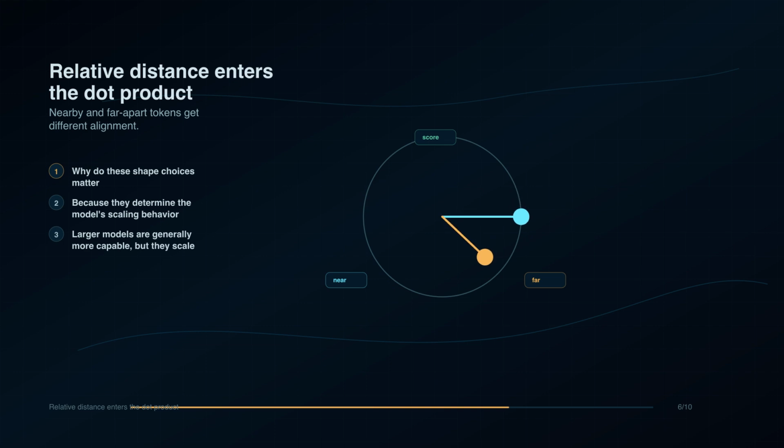Why do these shape choices matter? Because they determine the model's scaling behavior. Larger models are generally more capable, but they scale in both capacity and cost. If we double the embedding dimension, we roughly quadruple the parameter count, because most parameters are in weight matrices proportional to d squared.